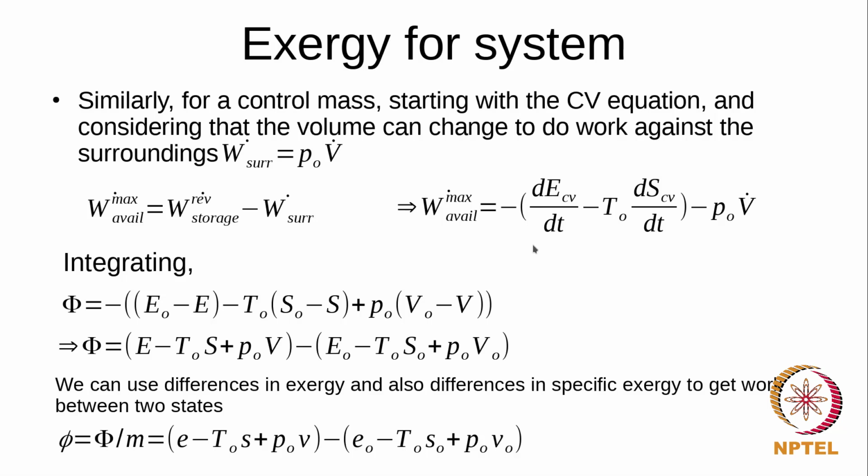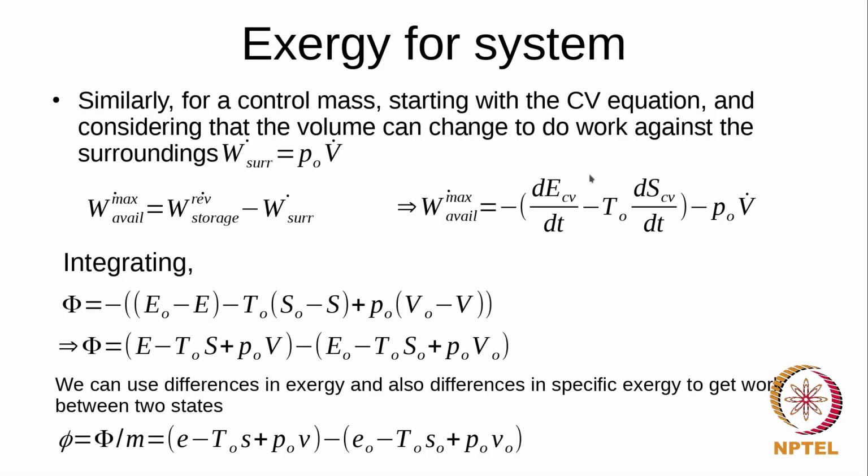We didn't use it in the last 2 slides or so because we were assuming things to be steady. But if you have unsteady, these are the terms which are there. And then we have the work done against the surroundings, which is P naught times V dot. So we have this expression.